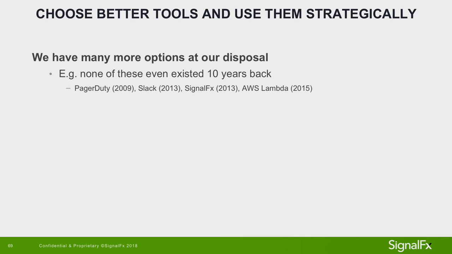But on the positive side, we have far better tools at our disposal. Just think about the tools I mentioned in this talk: PagerDuty, Slack, SignalFx, Lambdas. None of them were even there like 10 years back, right? So we have very, very good innovation going on, where the kind of tools that we have at our disposal are very, very powerful. And so that gives us hope that maybe something can be done about it.